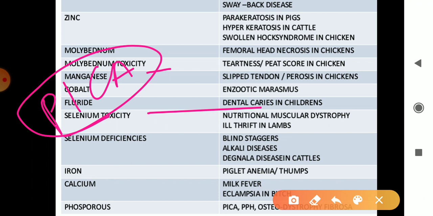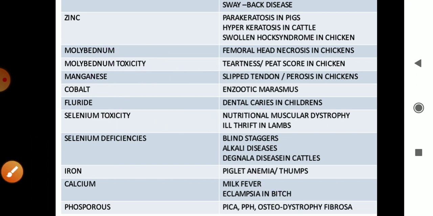Another symptom is PPH, post parturient hemoglobinuria, meaning after delivery of the cow, the urine turns red due to an excess amount of hemoglobin in the urine. The other one is osteodystrophy fibrosa. Please students, remember this.